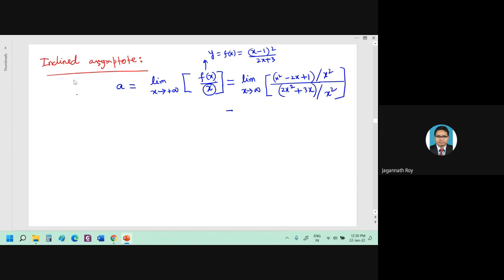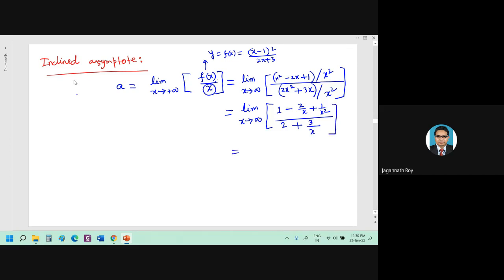This will become the limit as x goes to infinity of (1 minus 2 by x plus 1 by x square) divided by (2 plus 3 by x).